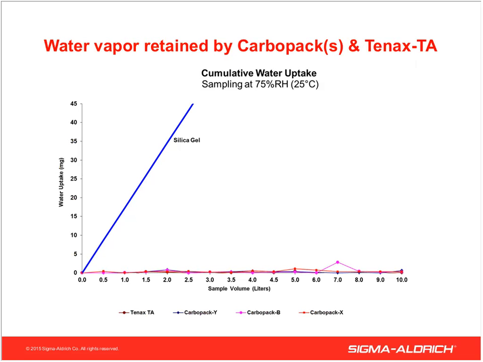The solid blue line was the amount of water being collected by the silica gel in the tube. After sampling 2.5 liters of air, the amount of water retained by the adsorbents fluctuated between 0 and 3 milligrams, compared to the silica gel tube that collected 43 milligrams of water. So virtually no water is retained during sampling with Carbopacks or 10X. Because there's very little water retained by them, they don't require much of a dry purge prior to desorption.